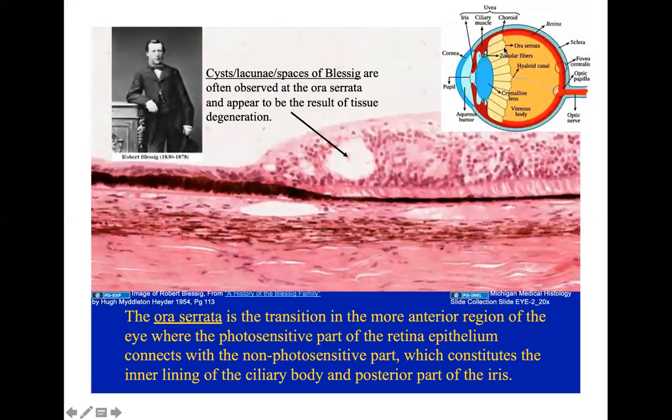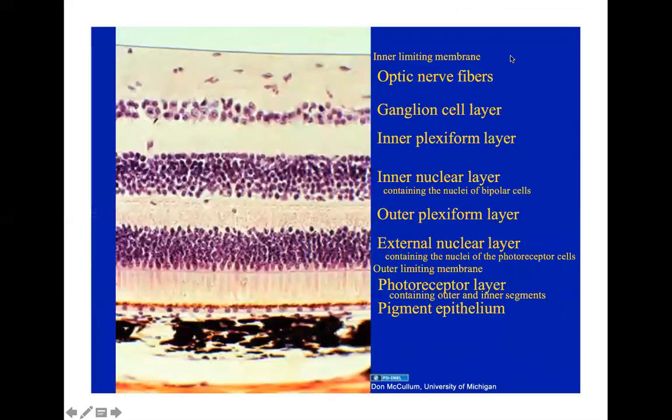Now the ora serrata here is the transition from the photosensitive part to the blood aqueous barrier. Okay, so that is the ora serrata. So again, these are the layers of the retina. The outermost layer is the pigment epithelium. Next to that is your photoreceptor layer.